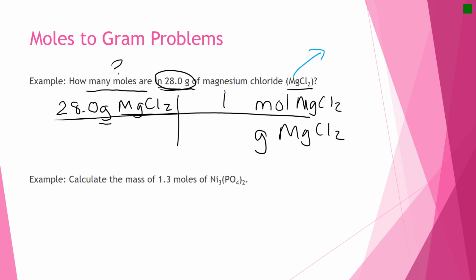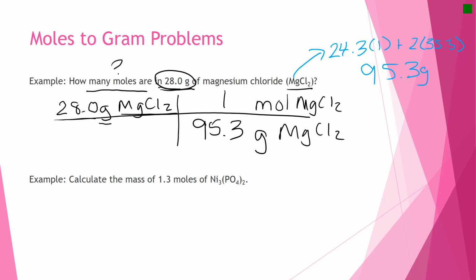So now I'm going to do a little side problem over here, which I do want you to show the work for. 24.3 times 1 plus 2 times 35.5. And so we get 71 from the 35.5 times 2, plus 24.3. So we get our molar mass is 95.3 grams.